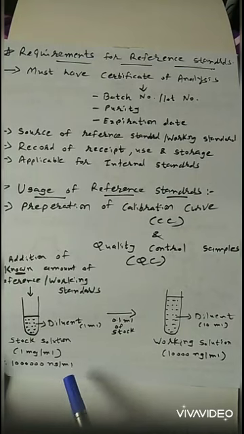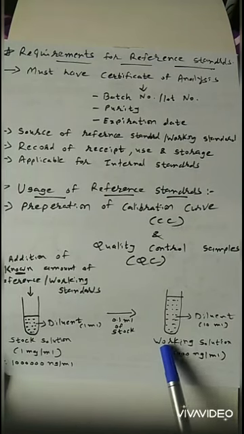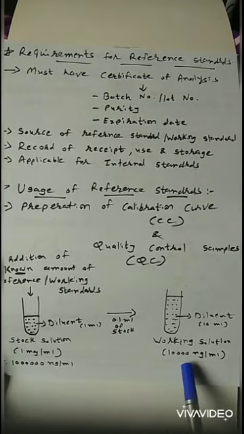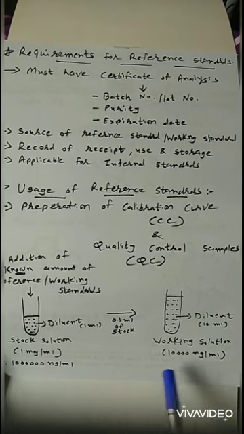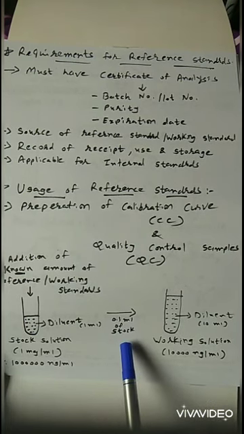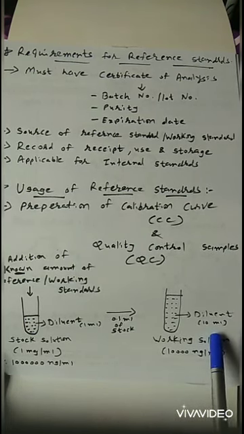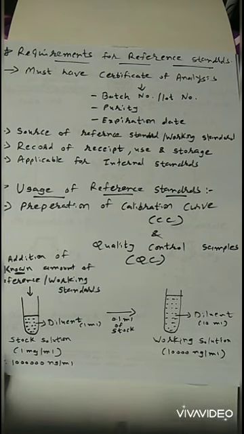From this, if I want to prepare a working solution of 10,000 nanogram per ml, then I require 0.1 ml of stock solution in 10 ml diluent. This calculation I will explain to you in the later part of this video.